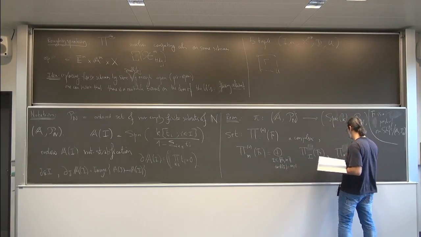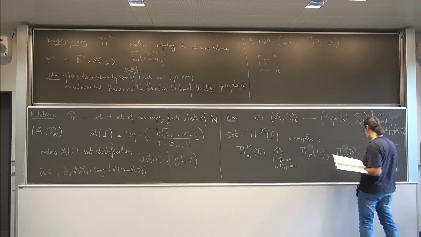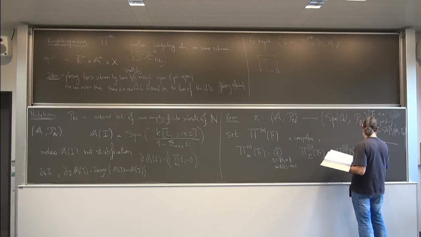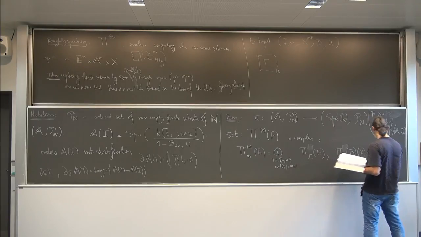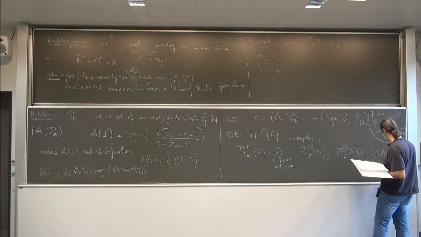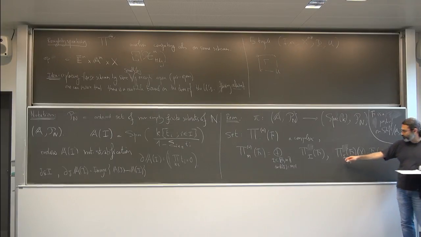Why pi_I F? This is simply the presheaf that to X gives F(A_I x X). Right, so what you do, you take your F, you restrict this to schemes over A_I, and you take the direct image along the projection. This is pi_I F.